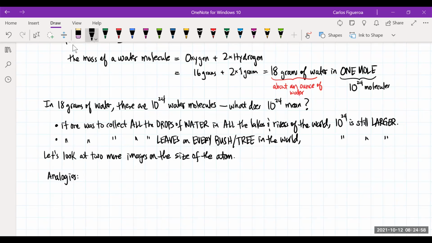One, I want to talk about a golf hole. We have a golf ball that we're going to hit, so I could imagine that this is the golf ball.